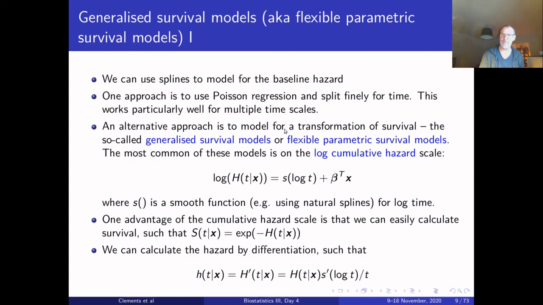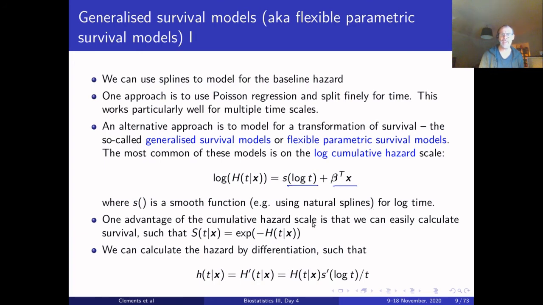An alternative approach is to model a transformation of survival, the so-called generalized survival models or flexible parametric survival models. And the most common of these models is done on the log cumulative hazard scale. So that means the log of the cumulative hazard at time t given covariates x is some smoother for log time plus a linear predictor, where s is the smooth function, such as using natural splines.